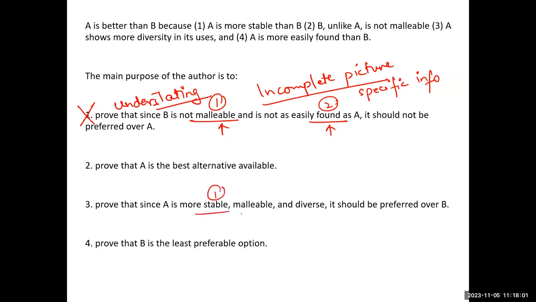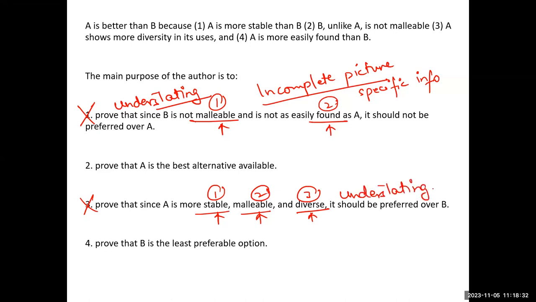Even though he picks up 3 of the points, this is not the complete picture. Who is he to decide that these 3 points are more important than the fourth point? Perhaps the fourth one is more important. Because he has not included all the points, he's showing me an incomplete picture, and that is why number 3 also is understating the main idea.